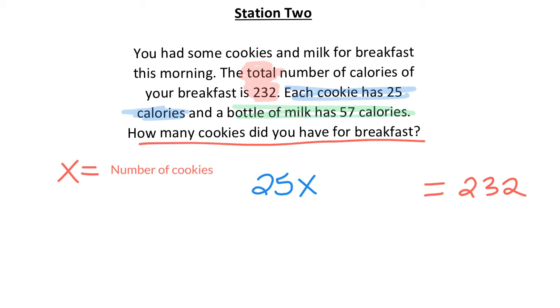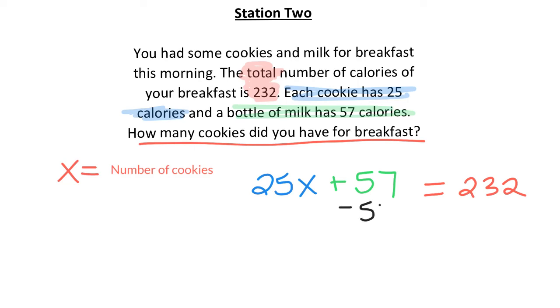And then the bottle of milk, so that's going to be an add-on here. We're going to add 57 calories for that bottle of milk. And together, the cookies, which is represented in blue, plus the milk calories represented in green, totals 232. So there's your equation for our scenario. Let's go into solver mode. We are going to find an x value to hopefully answer this question.